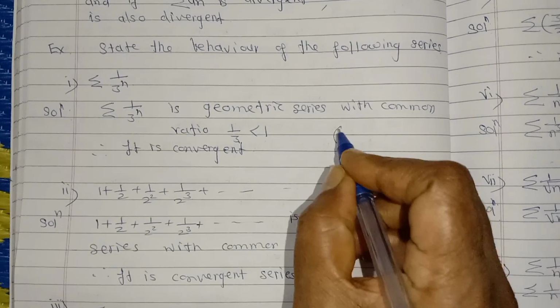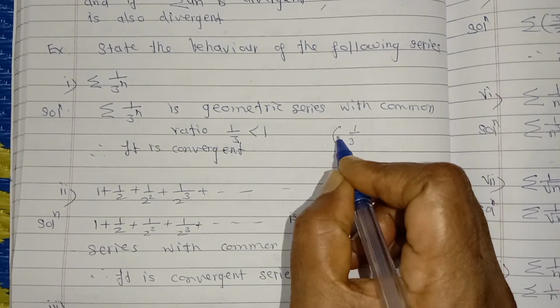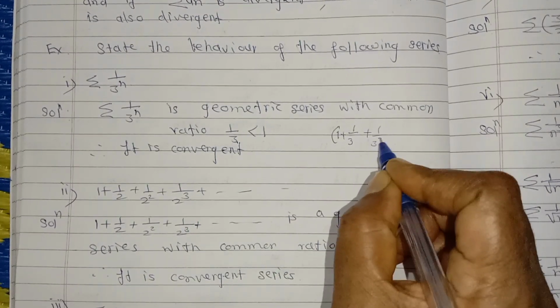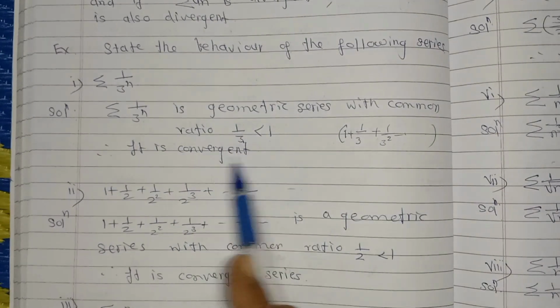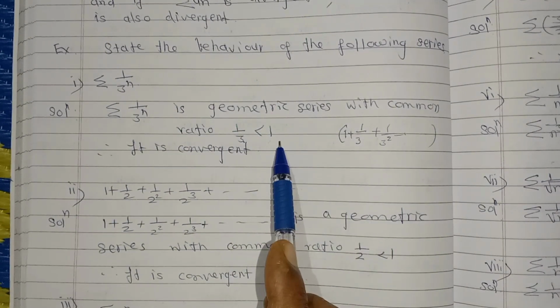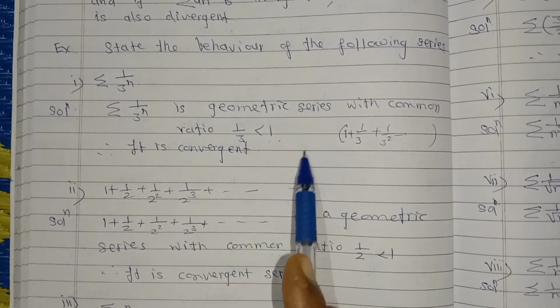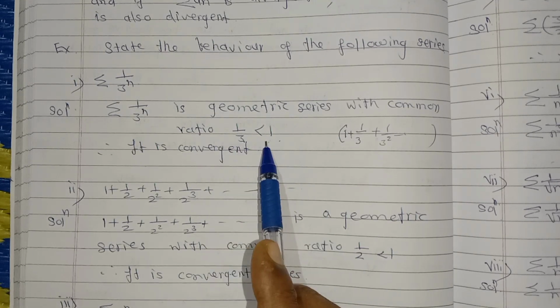Since the series is of the type 1 plus 1 upon 3 plus 1 upon 3 square plus and so on, and here the common ratio is 1/3, which is less than 1. Hence, by the result, a geometric series is convergent if the ratio is less than 1.